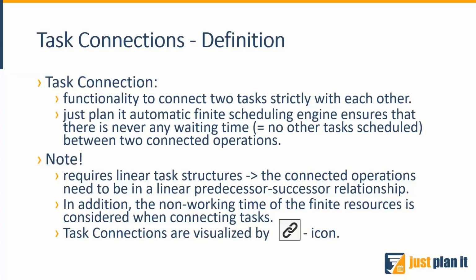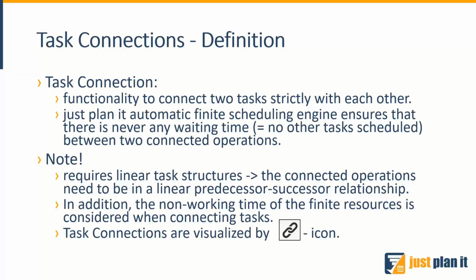And no waiting time implies that there will never be scheduled any other task of higher or even lower prioritized jobs in between two connected tasks. So the connection ensures that the two connected tasks always stick together. Okay?